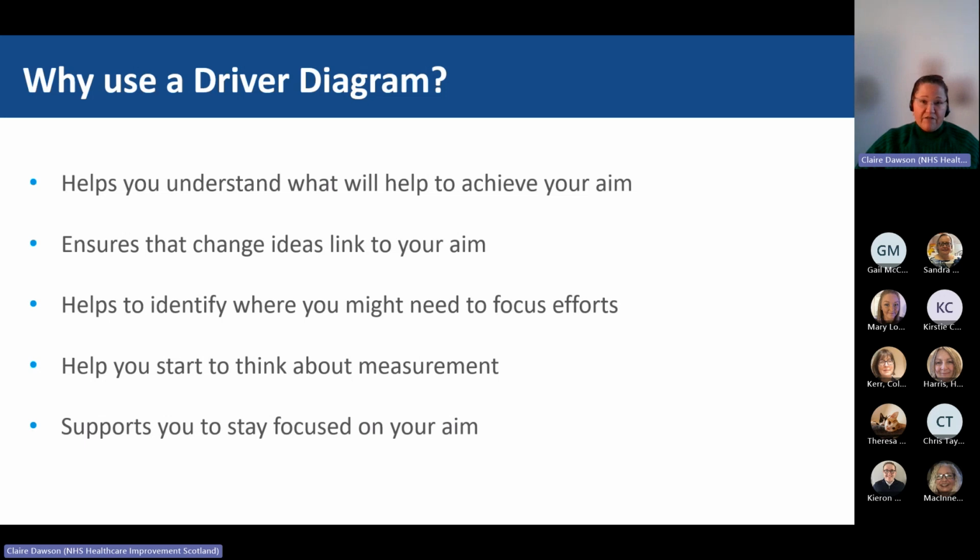That's another thing that a driver diagram is useful for, is recognising that there could be a key influencing factor which needs to be in place or needs to be slightly different from how it is in order for you to achieve your aim, but it's out with that circle of control that you have. So you need to think about how that is going to impact on your ability to achieve your aim, and whether that's something that you need to look at tweaking a little bit in what it is that you're trying to achieve.